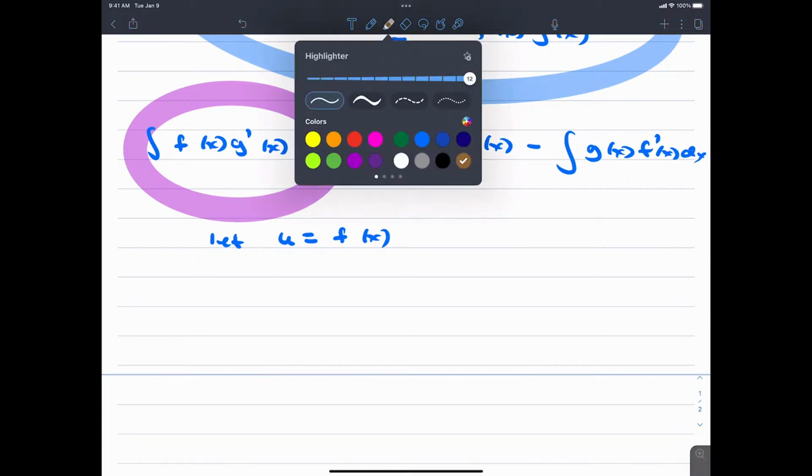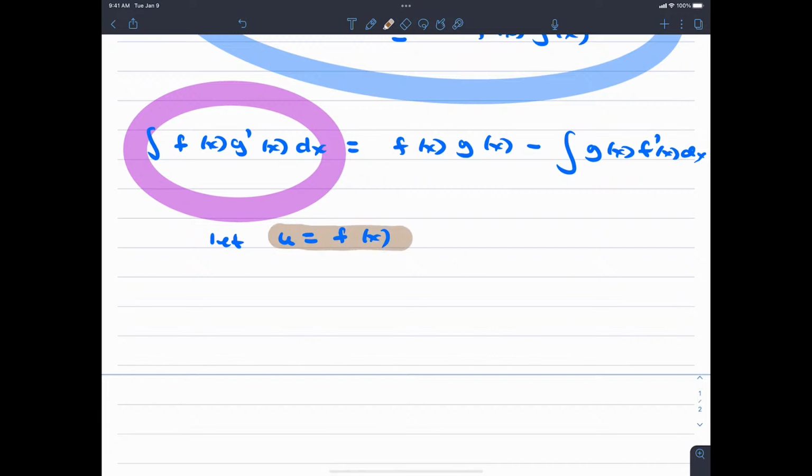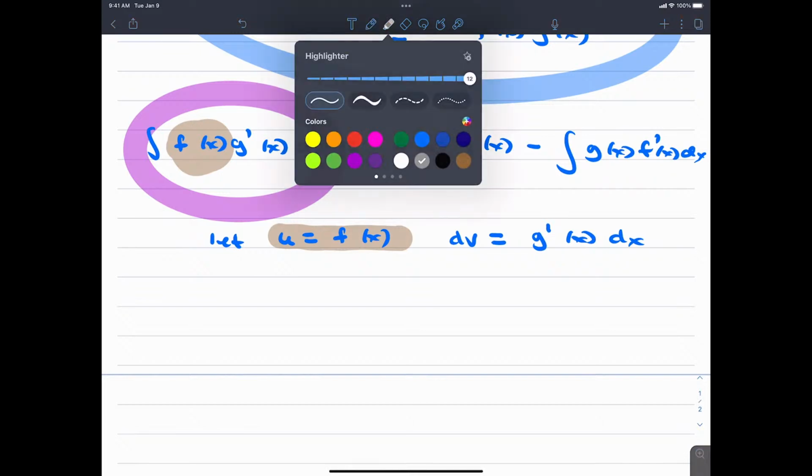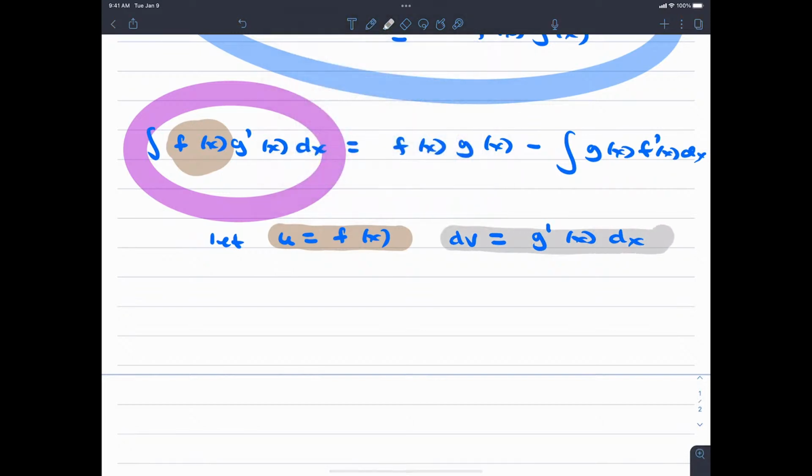I'm going to have to change some colors, but here's my u function right here. I'm going to let u be f of x, and then I'm also going to let dv be g'(x) dx. So what I'm saying is that this portion here in gray is actually dv.